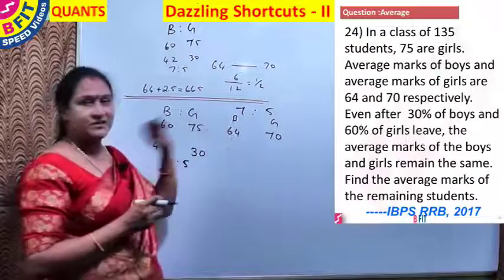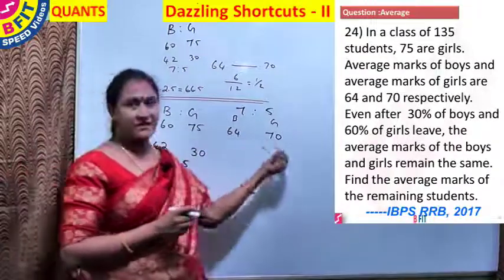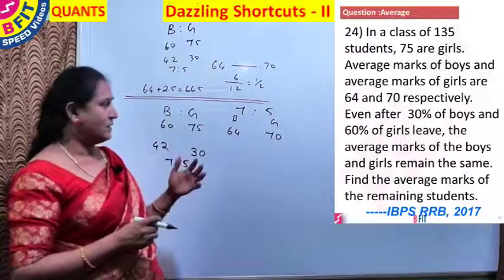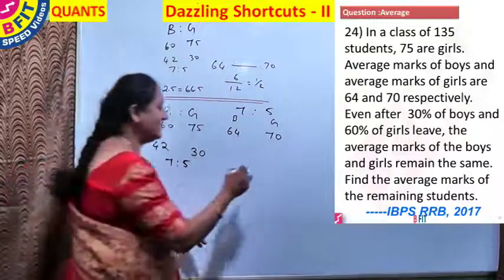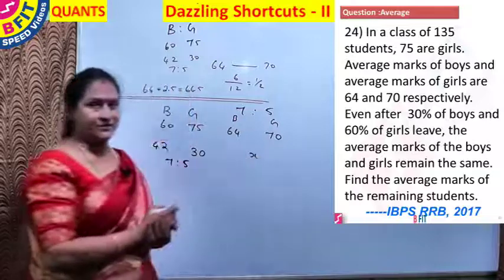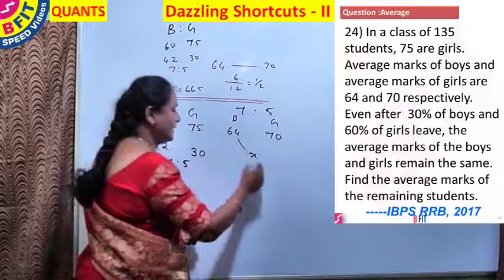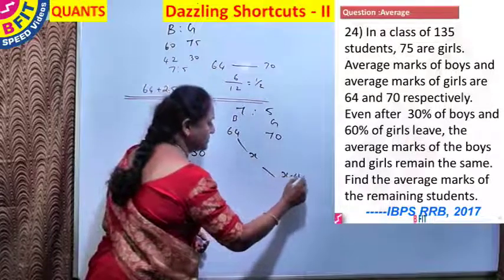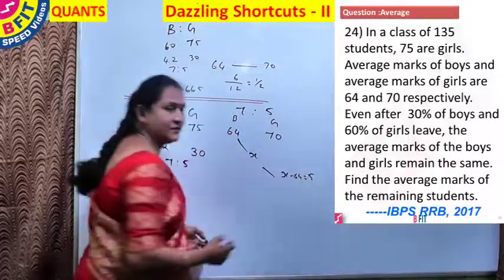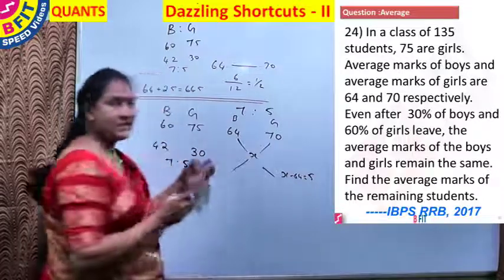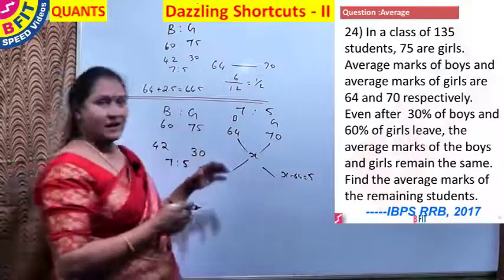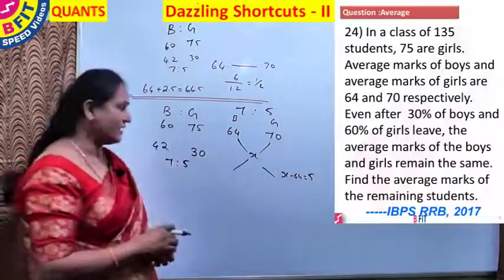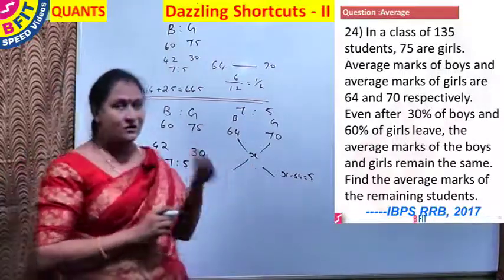Now the boys' average is 64, the girls' average is 70. The average of the whole remaining boys and girls together will be only in this range. Subtracting, x minus 64 should be equal to 5 parts, and 70 minus x is 7 parts. I am using this allegation shortcut to understand the question, not for this working, because this working also takes time.